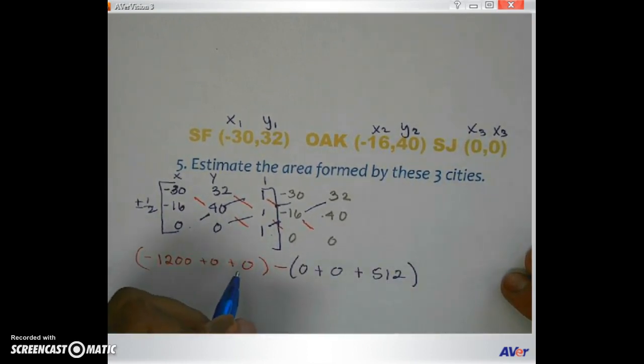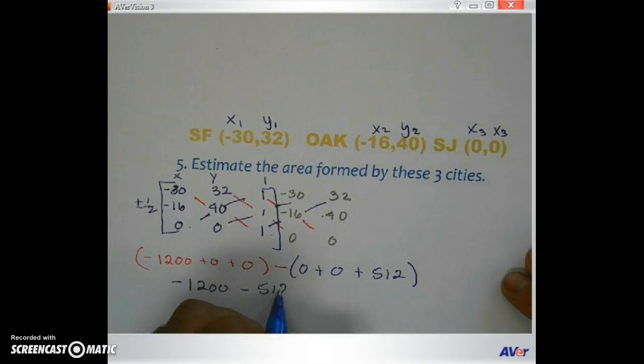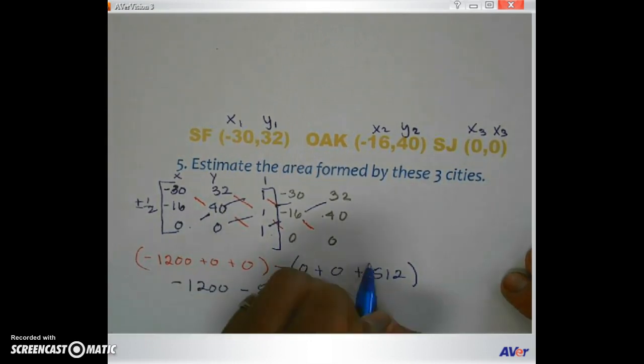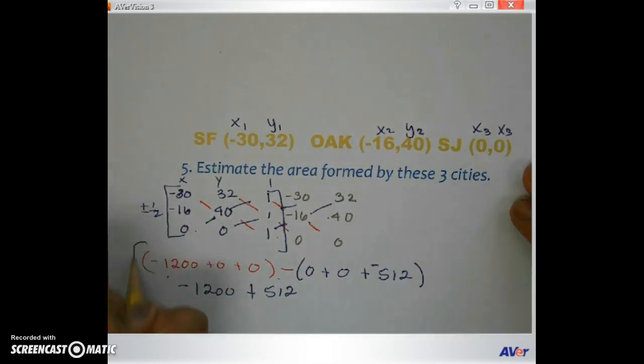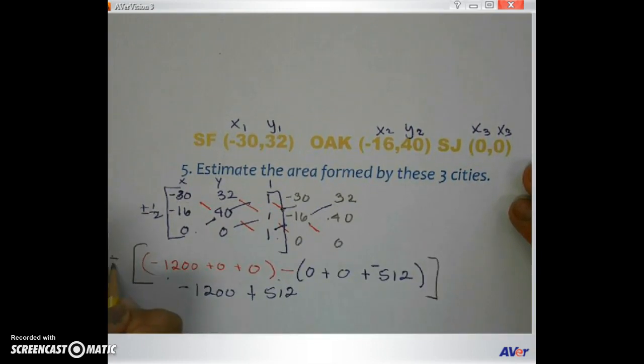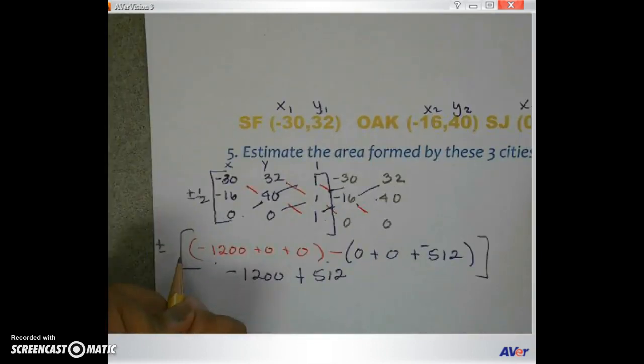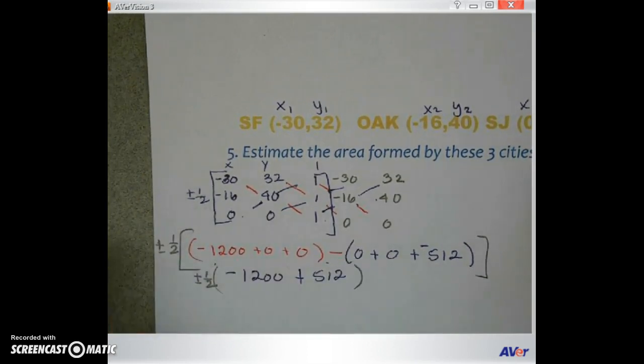And now what? Well, let's simplify. This is negative 1200 minus 512. However, this answer was negative, so negative and negative make that plus. Oh, and you know what I'm forgetting? Remember the plus and minus 1/2. Plus minus 1/2, positive or negative.